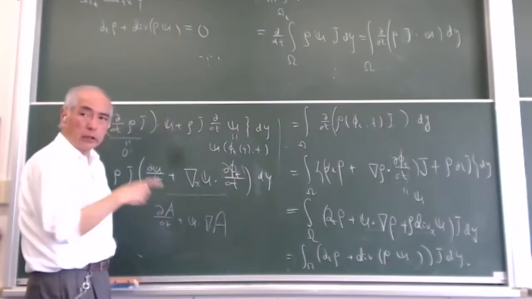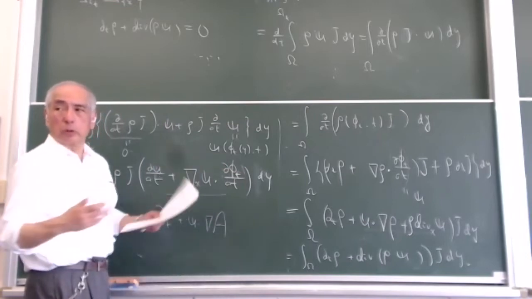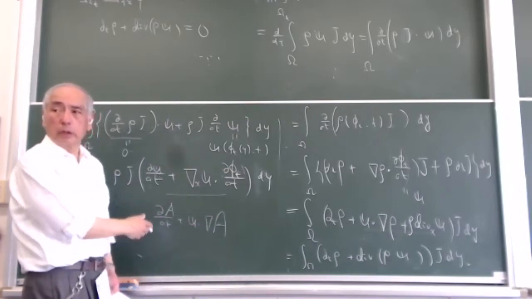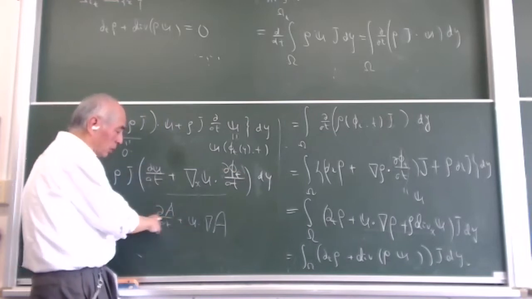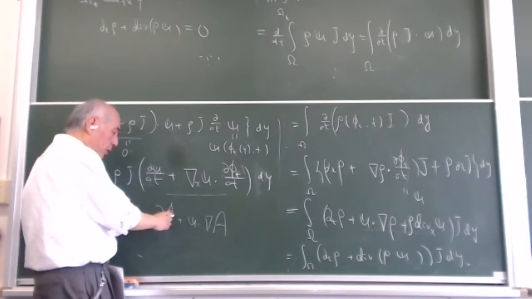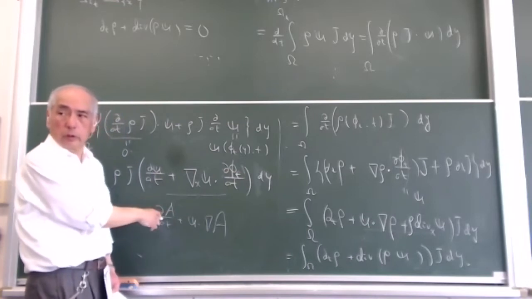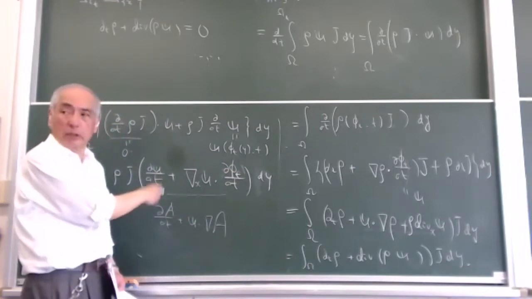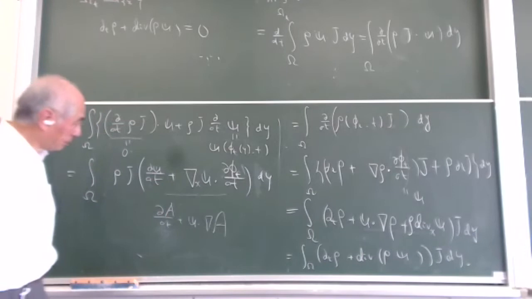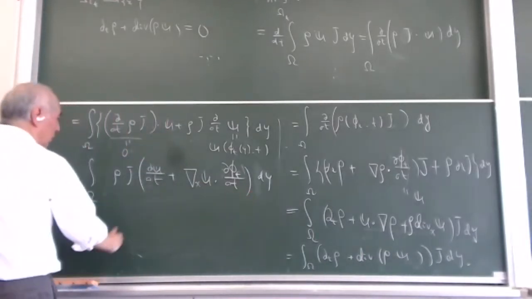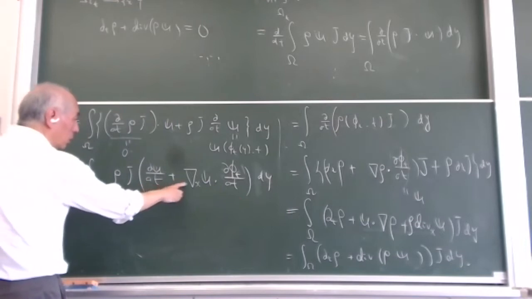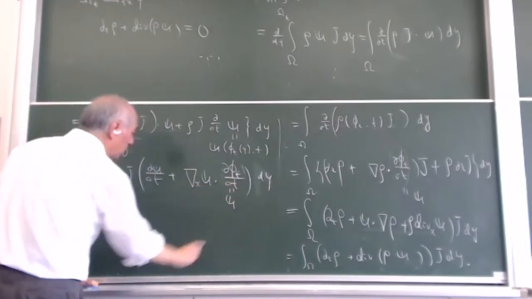If you consider any kind of motion on a flow, then the time derivative of the motion is not only the plain derivative. You always get this material derivative. So therefore, this is u.